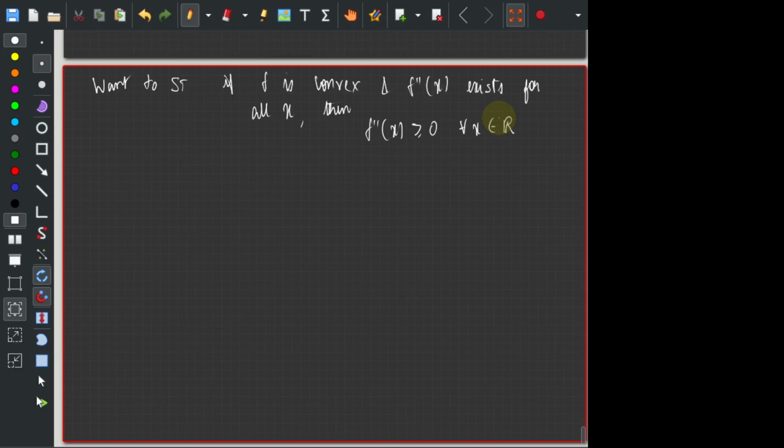So what is f double prime of x equal to? Do you remember it from your high school calculus? We're evaluating it at x, so let's take the limit as t tends to 0 of f dash of x plus t minus f dash of x, divided by t. But what is this quantity equal to?